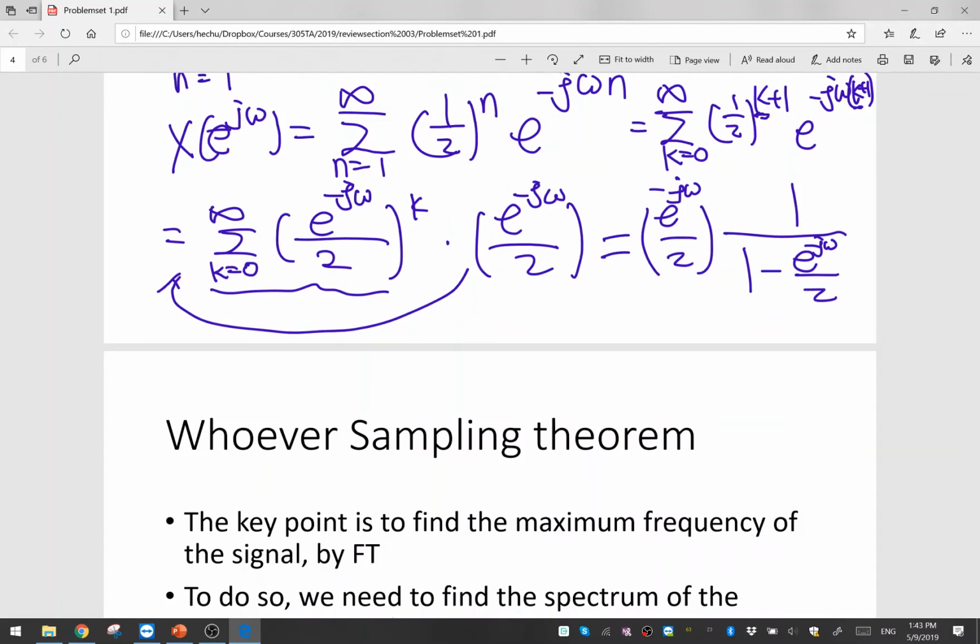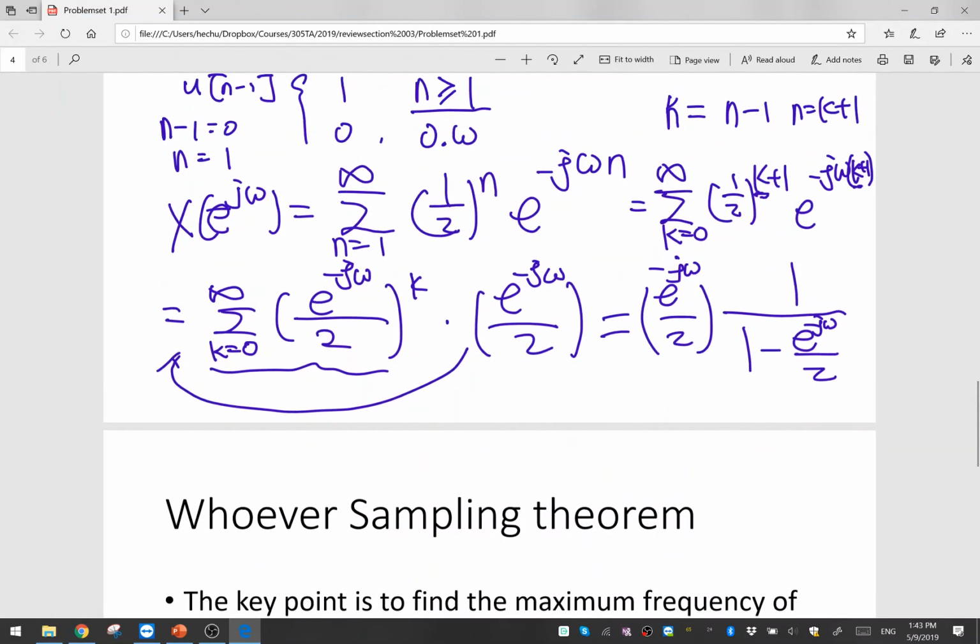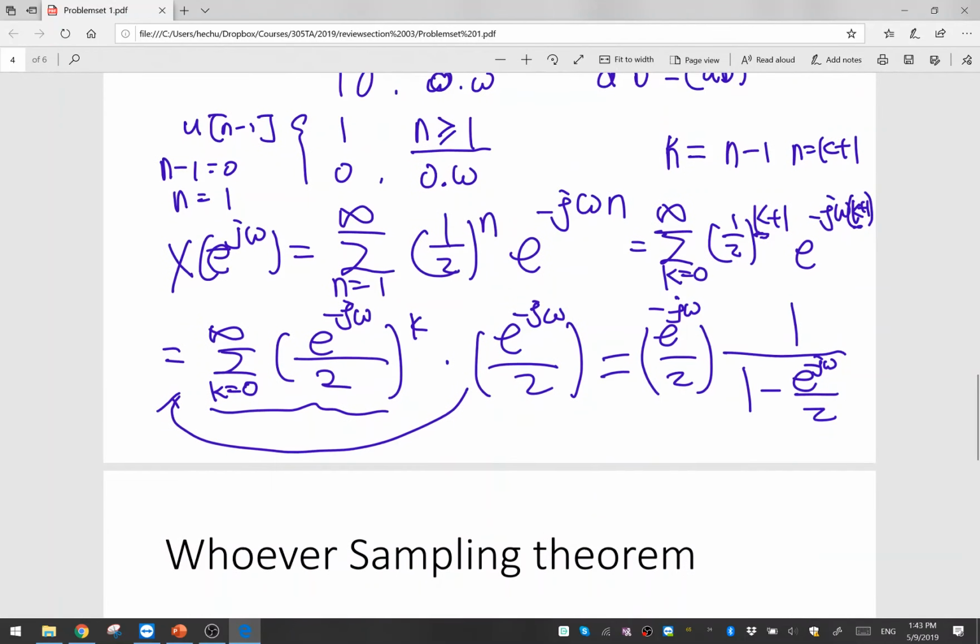Question: when you were at the n equals 1 to infinity step, the second to last term, didn't you add and subtract the n equals 0 term? Yeah, you can do that, but unless you do the simplification, you'll get multiple terms. The answer is the same if you do the simplification.